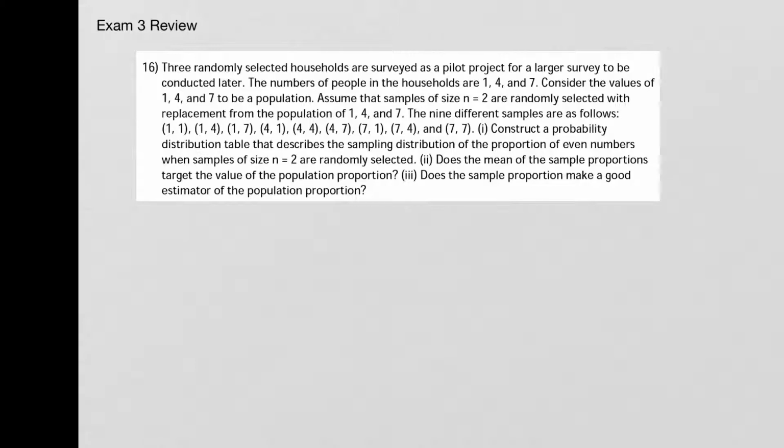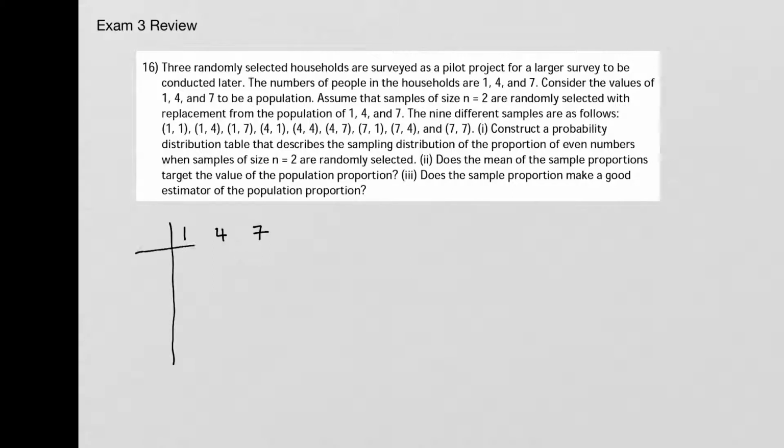So in order to do this, I'm going to look at all the possible pairings of numbers. What I like to do with this, and I could just use this list that we have here, 1, 1, 4, etc. What I personally like to do is just make a little table, and my population is 1, 4, and 7.